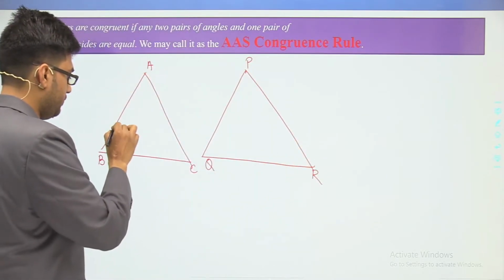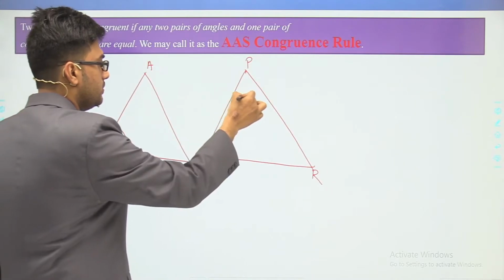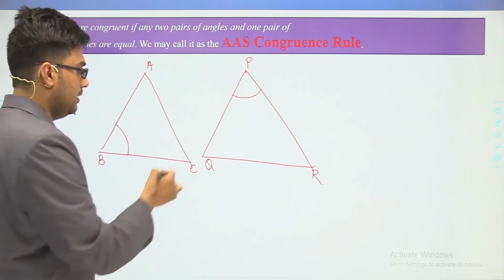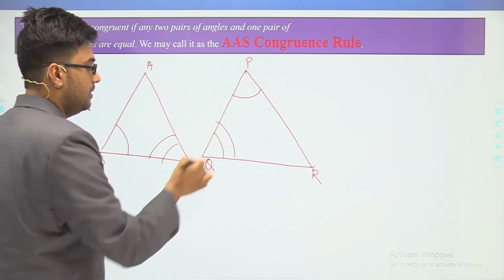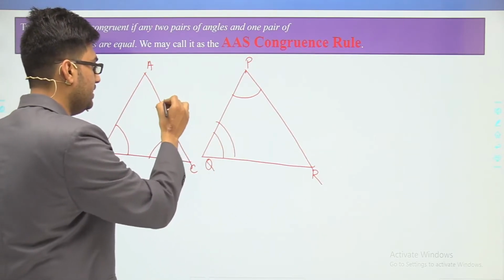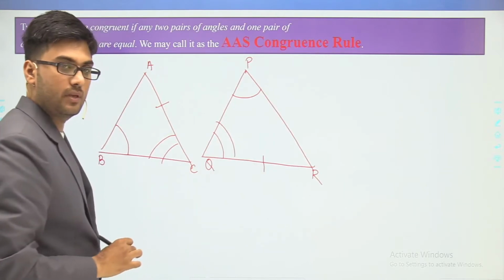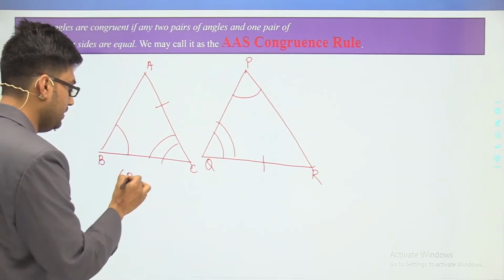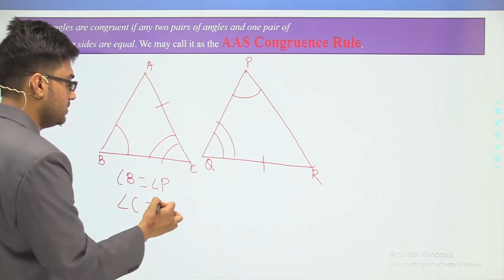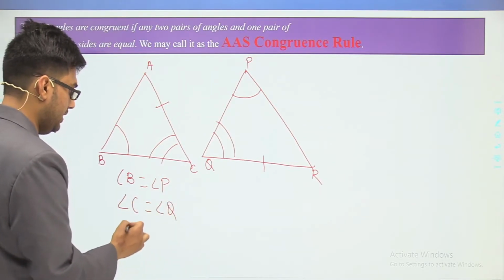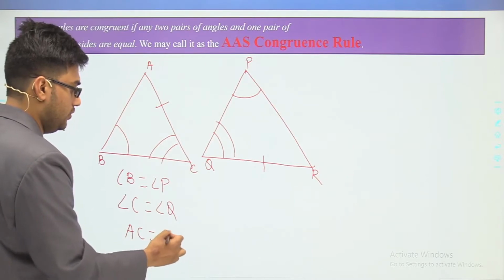And students, if this angle is equal to this angle, and this angle is equal to this angle, and this side is equal to this side. Here we write, angle B is equal to angle P, angle C is equal to angle Q, and AC is equal to QR.